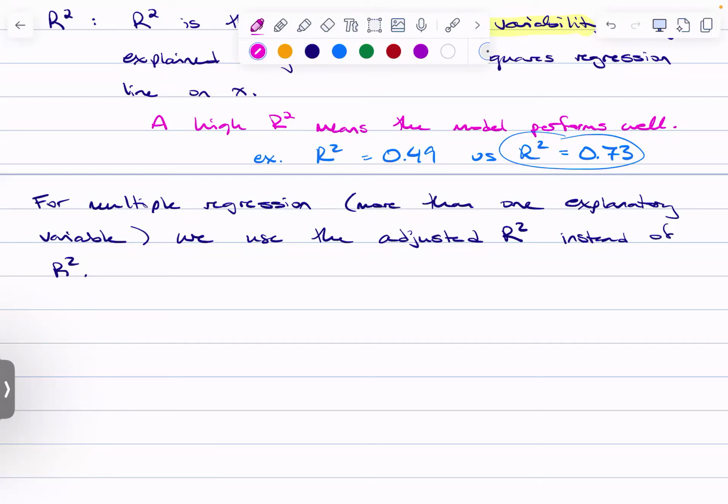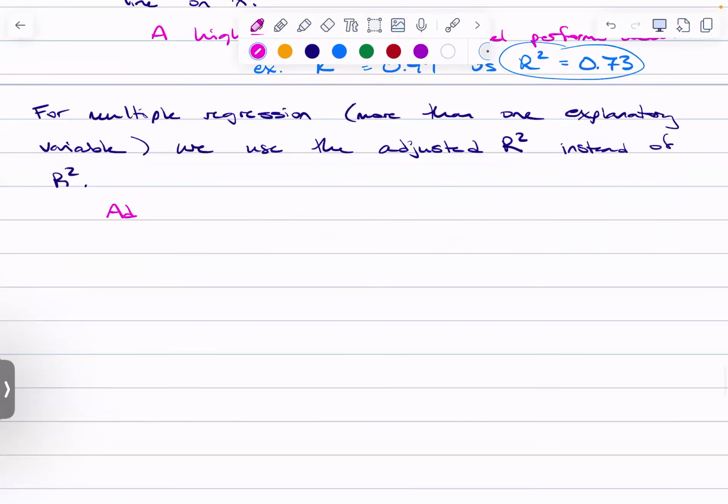And so here, the adjusted R squared behaves as R squared, but is penalized, and penalized in this case would mean reduced, right? And so it's lowered by having too many predictors in there.